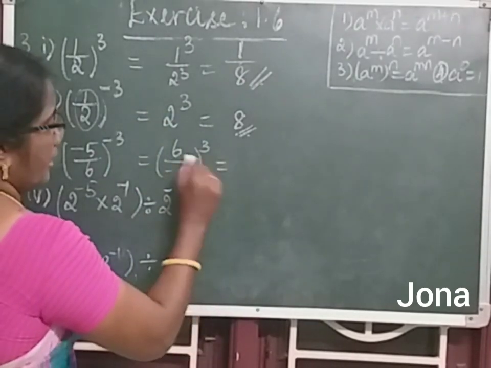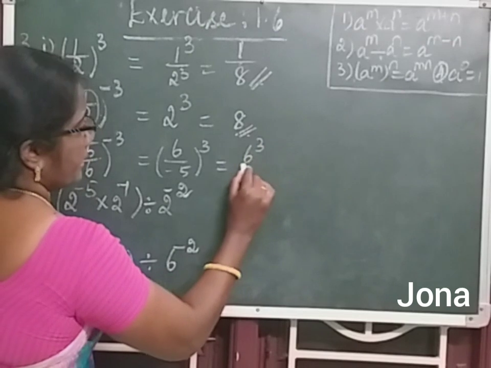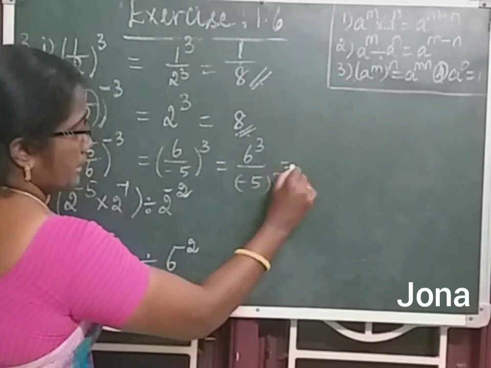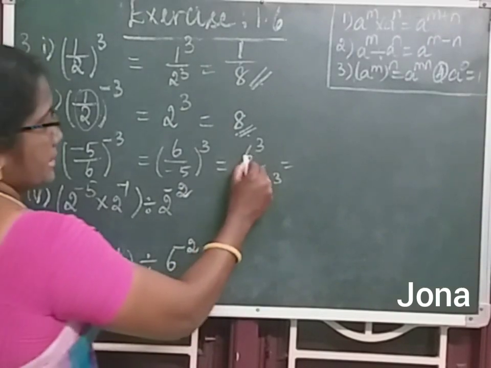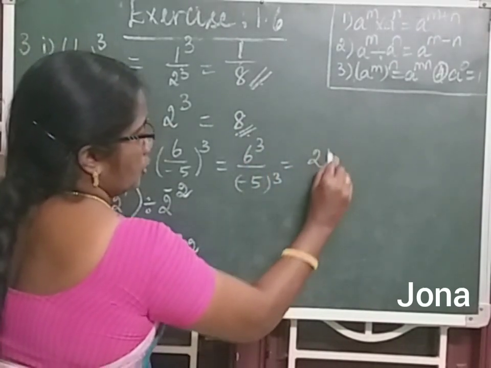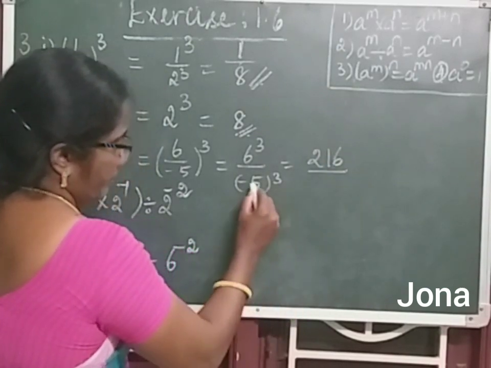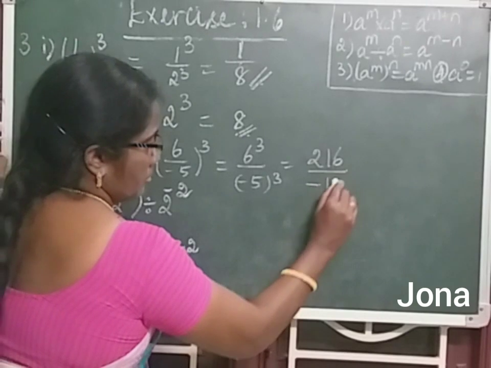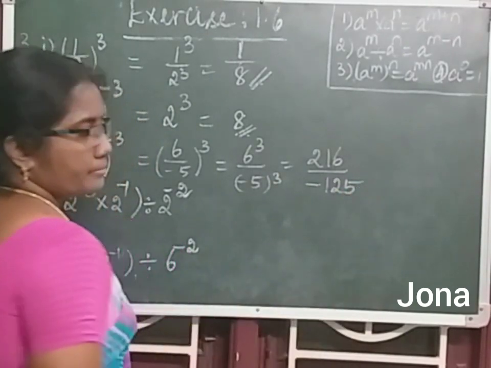And then I have to cube the numerator and cube the denominator also. So 6 cube is 6 into 6 into 6, that is 216, divided by, here minus cube is minus, 5 cube is 125.